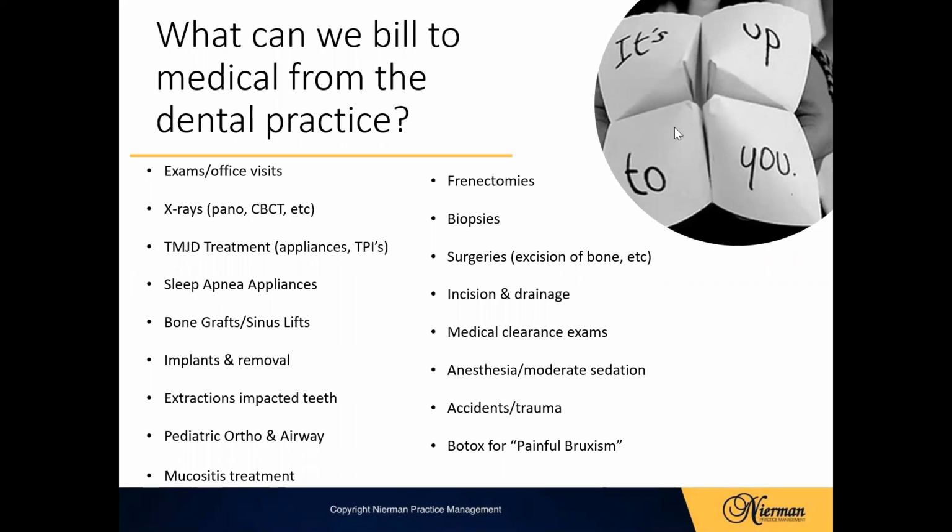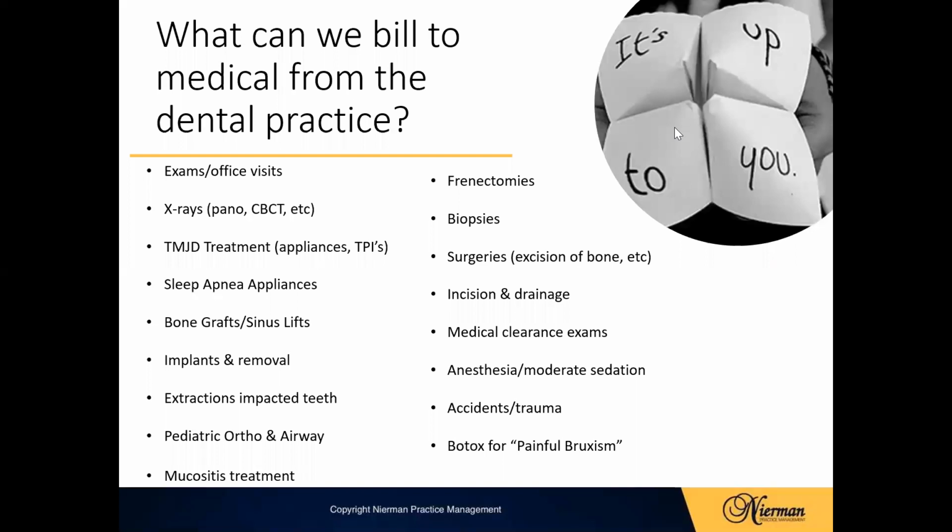Another common procedure would be, of course, the bone grafts and sinus lifts. Those are definitely picking up in the last couple of years. I'm seeing more and more medical insurance companies paying for bone grafts to an edentulous area, or if there's a bony defect, bone grafts as well for that.